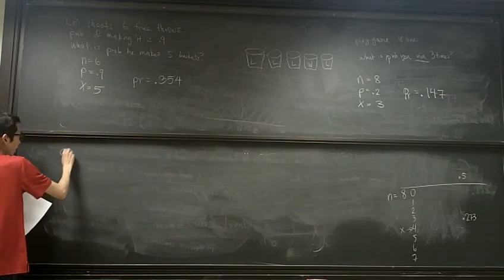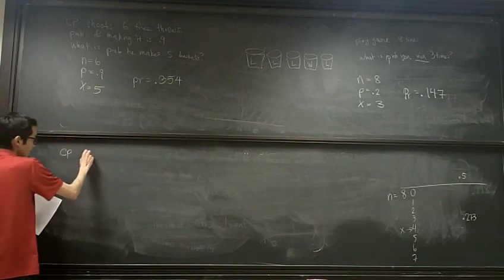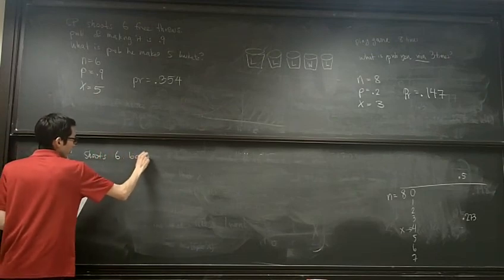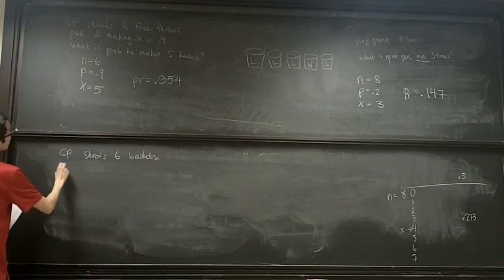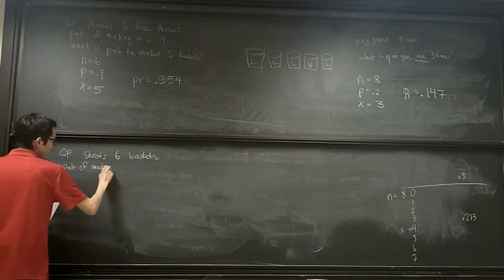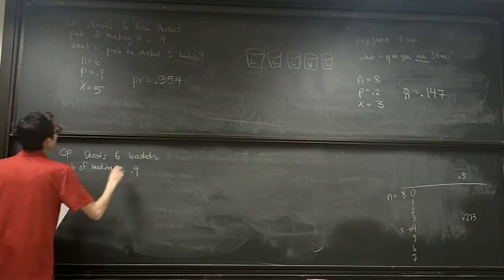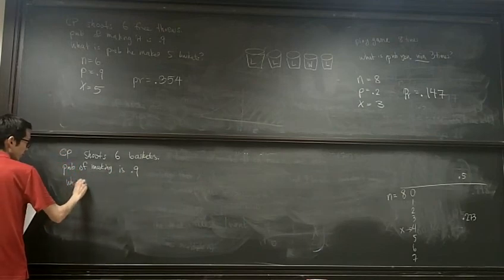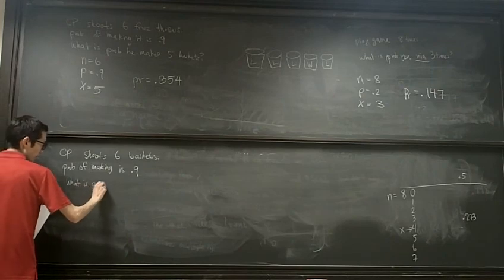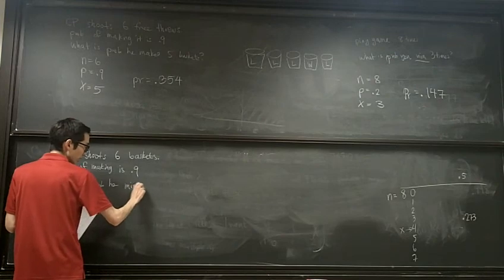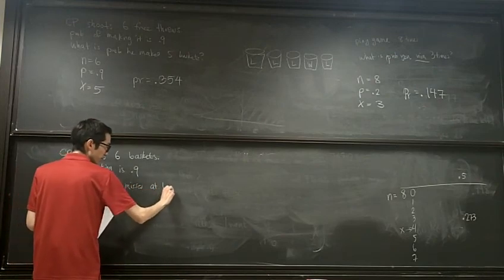Let's say Chris Paul shoots 6 baskets again, and his probability of making it is the same, 0.9. What is the probability he misses at least once?